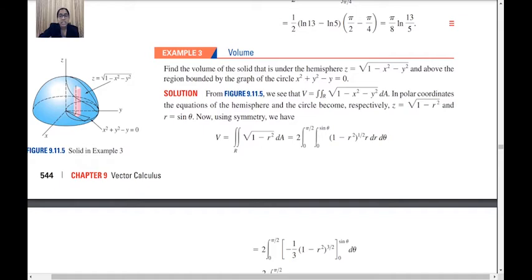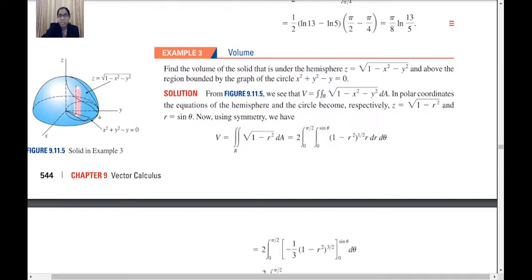Now we need to find the limits. Here we have the whole circular region, so theta will vary from 0 to 2π. Now we need the variation of r.